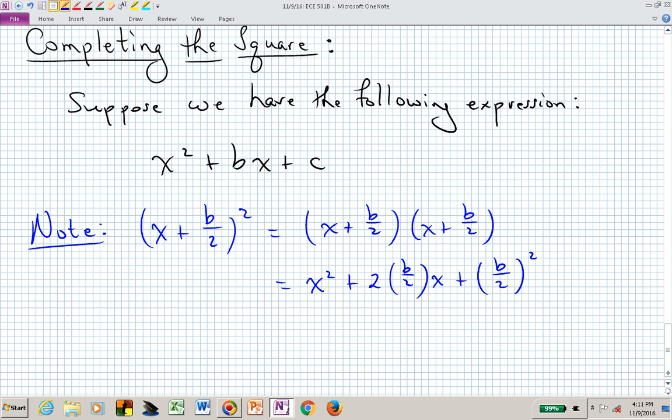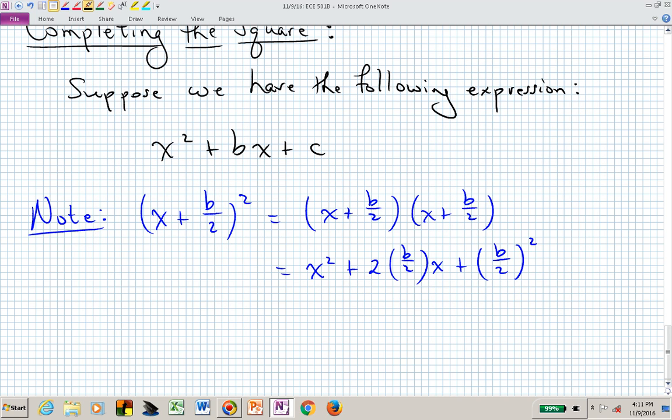And what we want to do now is use that structure to try to rewrite our original expression, x squared plus bx plus c. If we start with x squared plus bx plus c, we can now rewrite that as x squared plus bx, which is really what we have there. We've now captured bx if we cancel the 2's in the numerator and denominator.